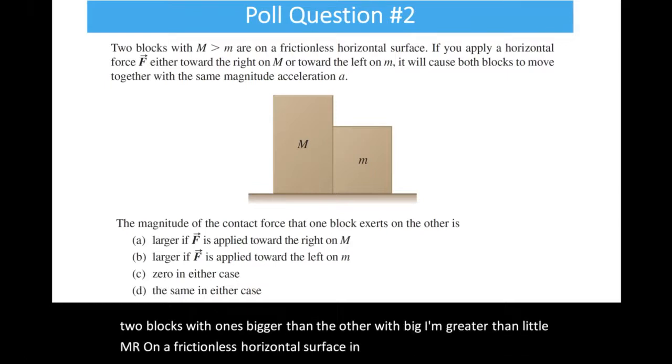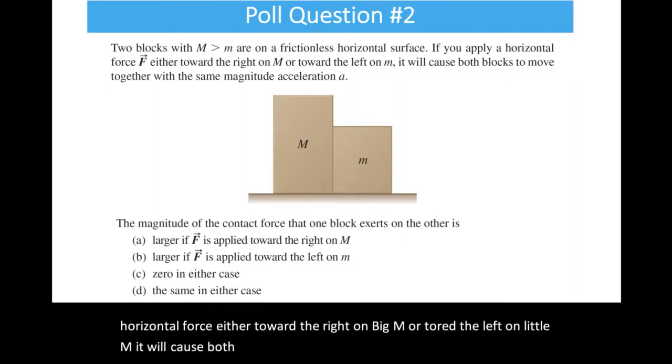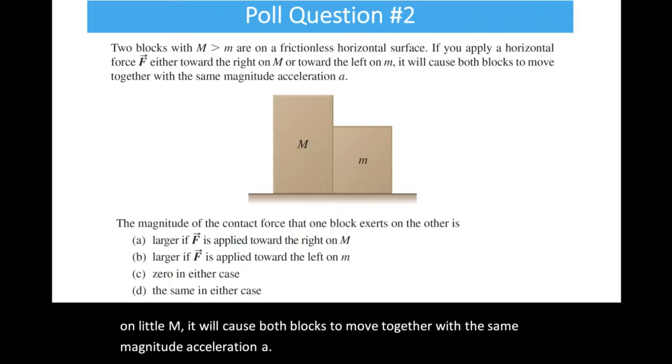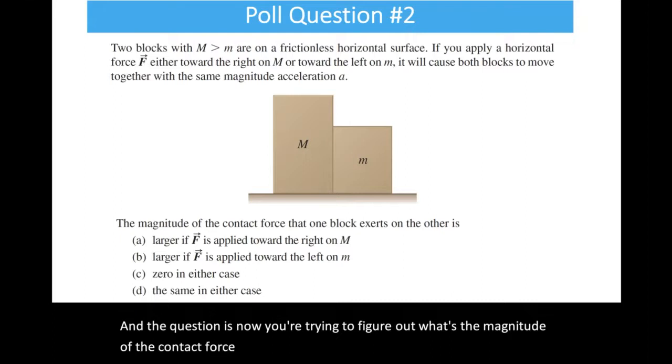And the question is, if you apply a horizontal force either toward the right on big M or toward the left on little m, it will cause both blocks to move together with the same magnitude acceleration a. And the question is, now you're trying to figure out what's the magnitude of the contact force that one block exerts on the other. So that's what we're trying to figure out.